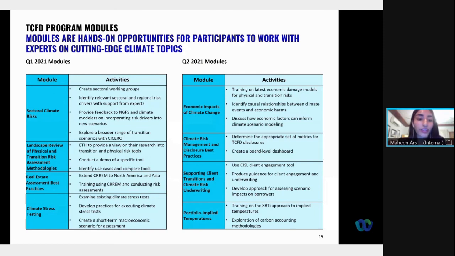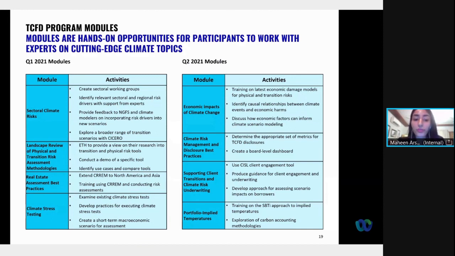Currently, we're conducting a module on sectoral climate risk, which looks at the different climate risks faced by sectors such as oil and gas, mining and metals, industrials, transportation, and agriculture. We also have a landscape review module looking at different tools available for financial institutions to assess physical and transition risks.